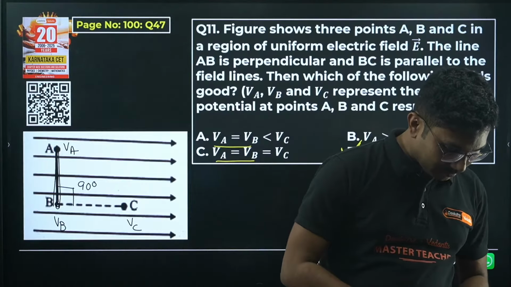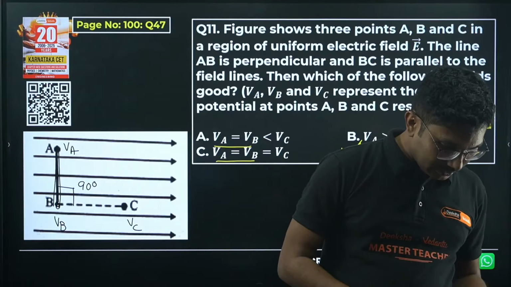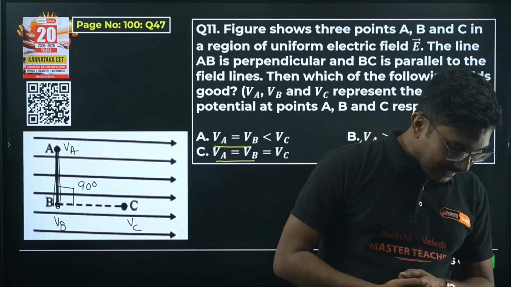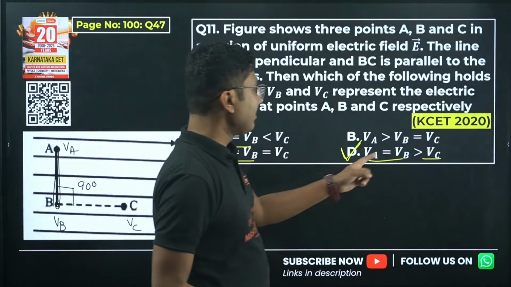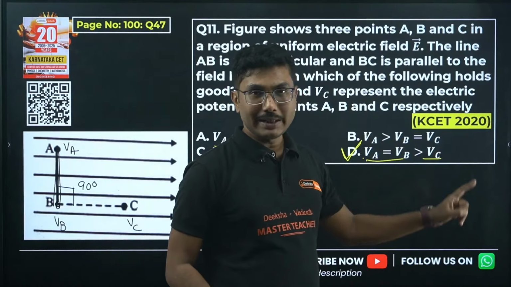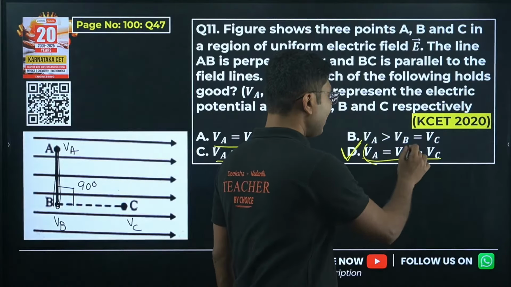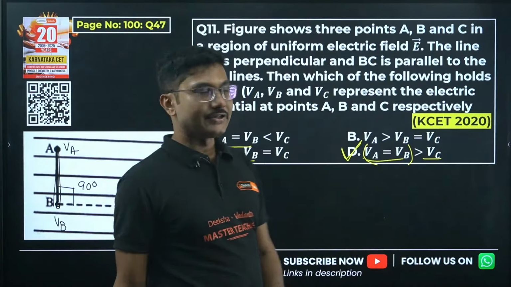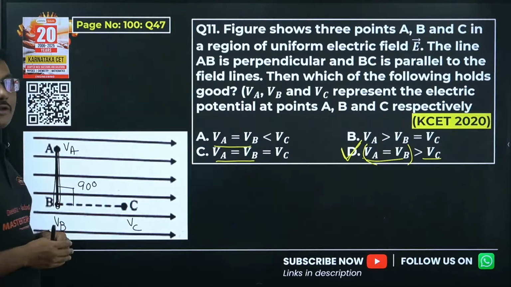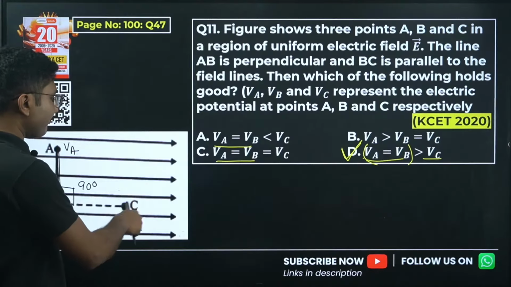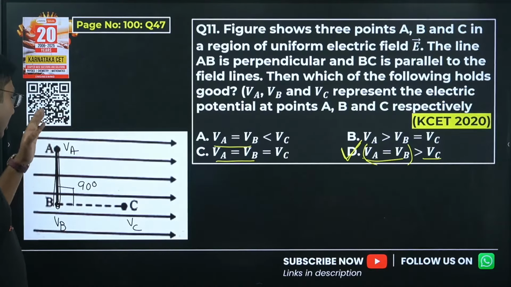Yes, Madhavi, Manjunath. A, sir? No, not A. VA and VB both will be greater than VC, because if you are moving in the direction of the electric field, the electric potential decreases. So VC must be less than that of VA and VB.